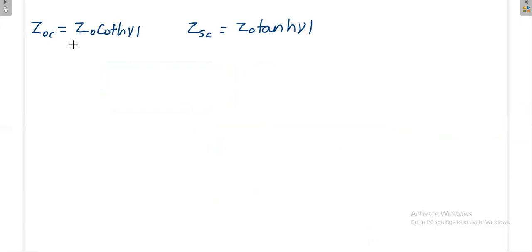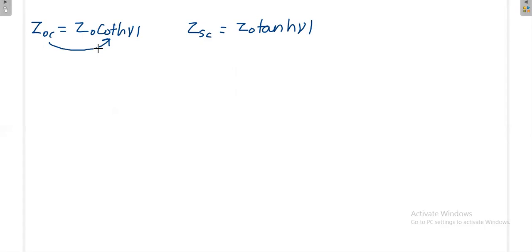Very simply you can remember: OC, write it in reverse, that gives you CO, that means cot theta. So always for open circuit you will get cot theta. Then definitely for short circuit you will get tan theta.